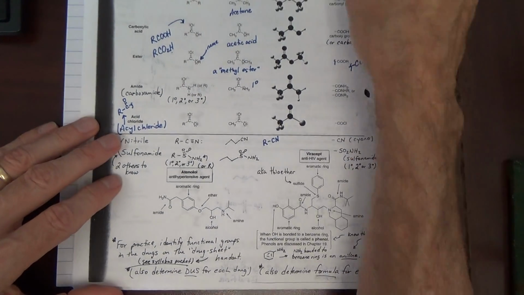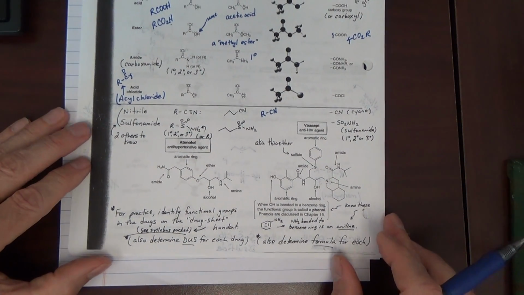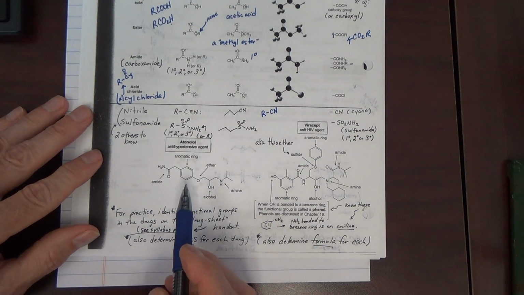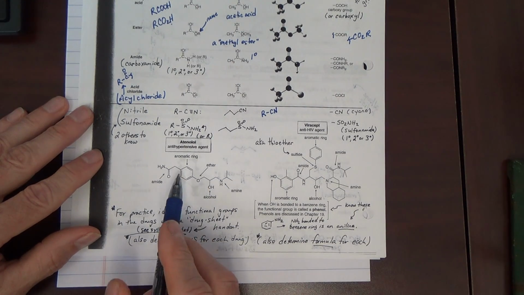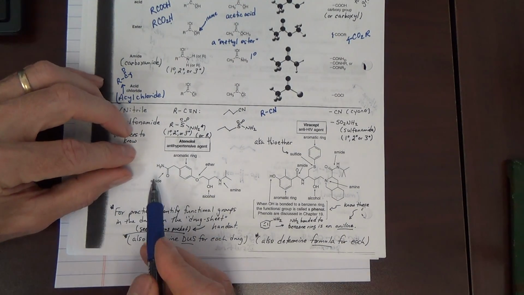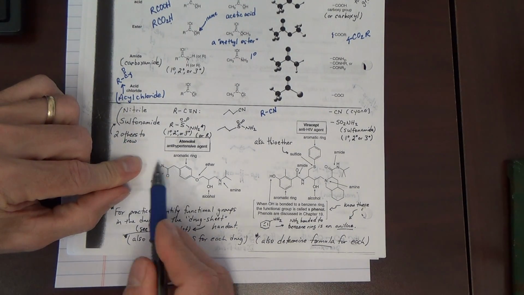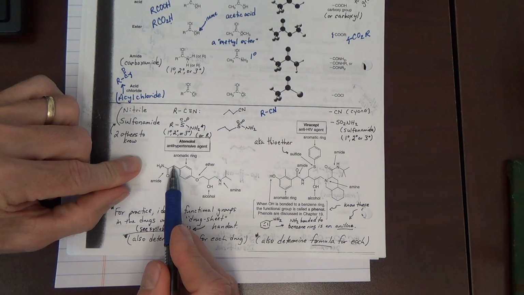Okay, here at the bottom are some examples. Atenolol, a drug used to treat hypertension. Functional groups, they've been labeled for you. Amide, right? Carbonyl bonded to nitrogen. Plain R group.